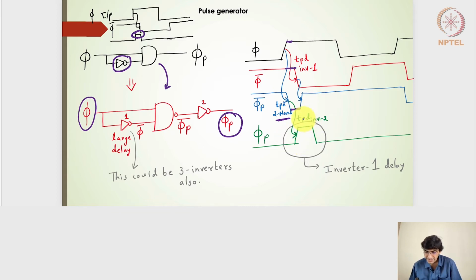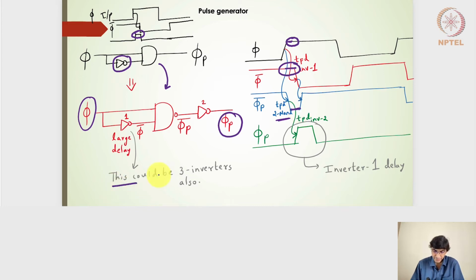So the pulse width here is actually determined by this overlap between phi and phi bar, and that arises due to the inverter which is generating this phi bar signal. So the first inverter here, right? The pulse width is characterized by the inverter 1 dimensions, right?